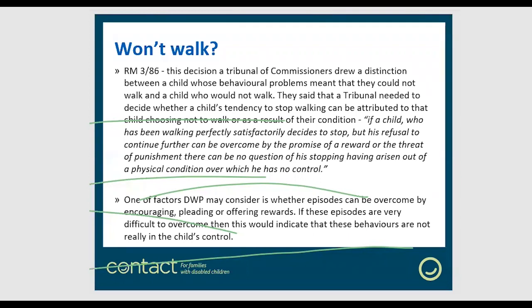And if that refusal could be overcome by the promise of a reward or a threat of punishment, then there could be no question of his stopping having arisen out of a physical condition over which he had no control. So in the Tribunal of Commissioners' view, if a child could be persuaded or bribed into continuing walking after a temporary interruption, then that was a child who was choosing not to walk rather than virtually unable to walk.